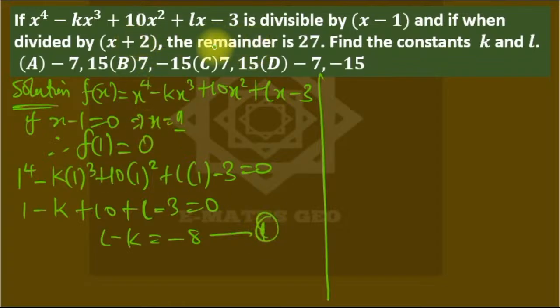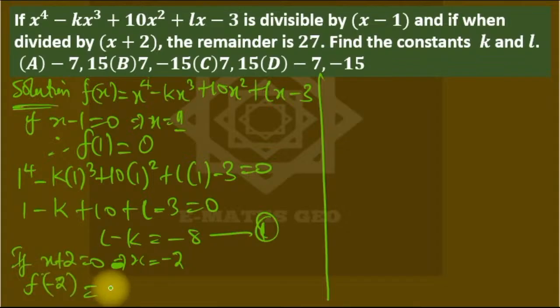They said again that the remainder is 27 when it is divided by x plus 2. So if x plus 2 is 0, it implies that x equals minus 2. If you substitute x as minus 2, it must give us 27. That's the remainder theorem. With the factor theorem, the remainder is always 0.